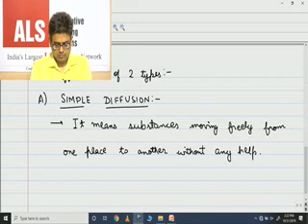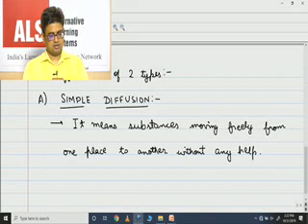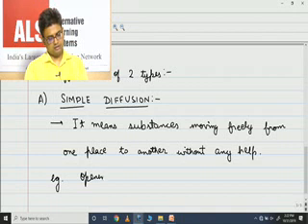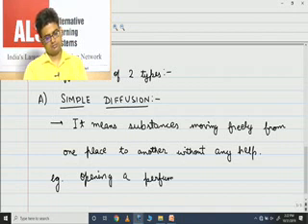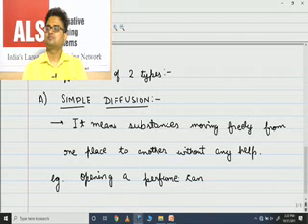Also, example, opening a perfume can, or there can be other examples also.